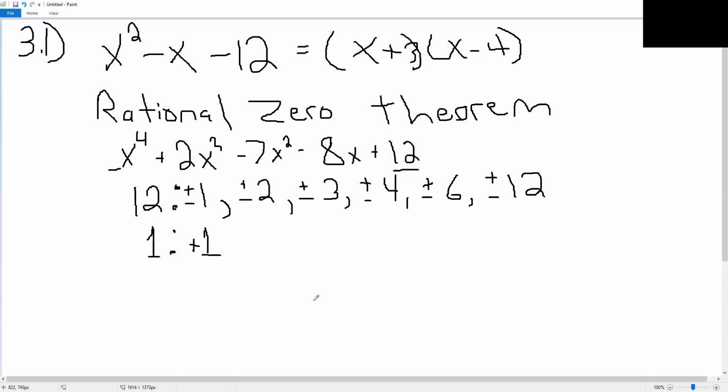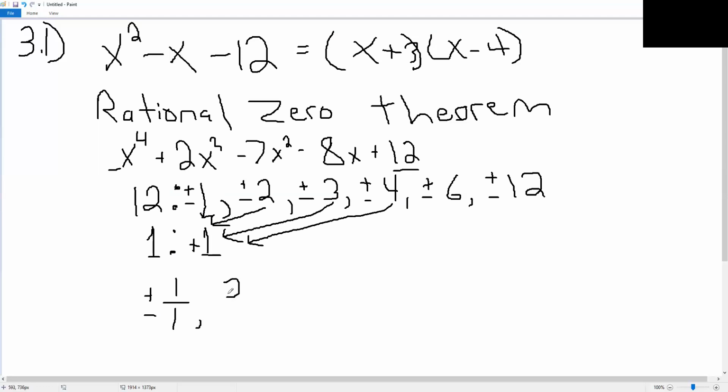So what you do next is, to find out the possible zeros, you need to list the ratios. So you start here and you put it over that. I'll describe that in a minute, but you just go down the line and put it over the first one. So we would have 1 over 1 plus or minus.